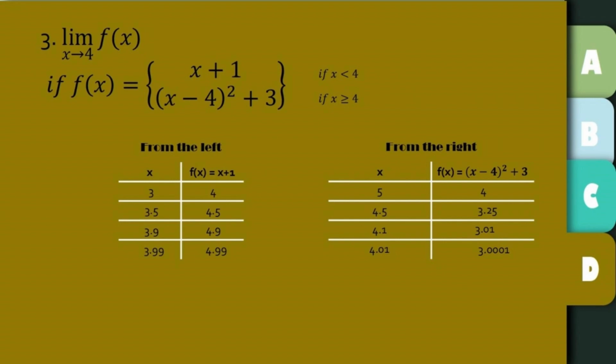As you can see, from the left the values of f of x are getting close to 5, while from the right they are getting close to 3. So both of them are not going to the same value but getting farther from each other. So in conclusion, example number 3 is DNE.